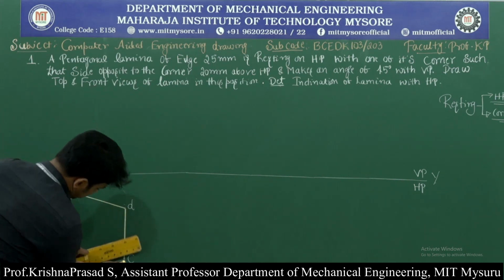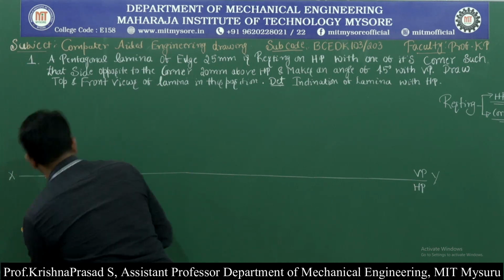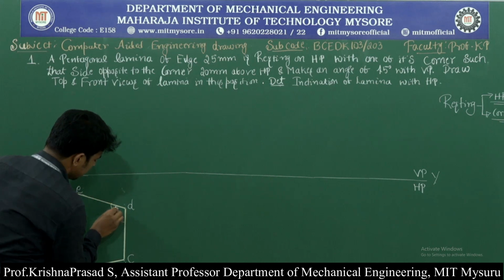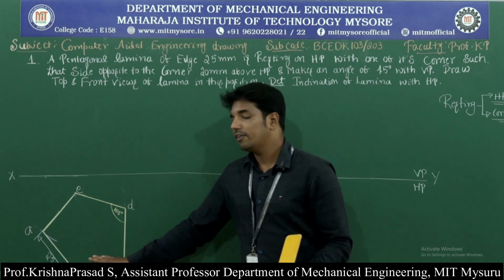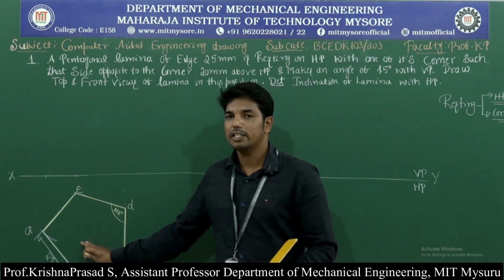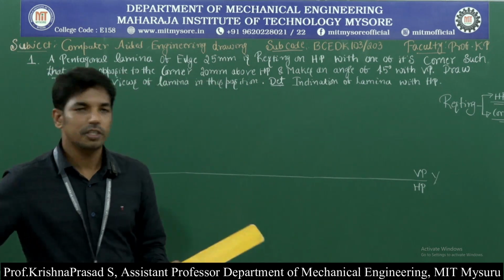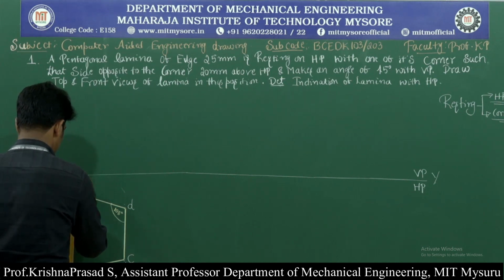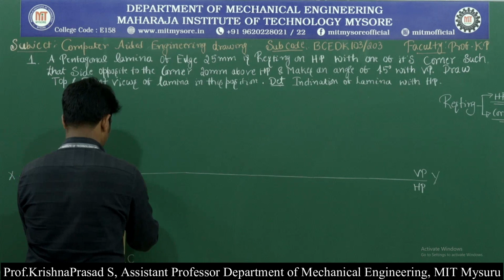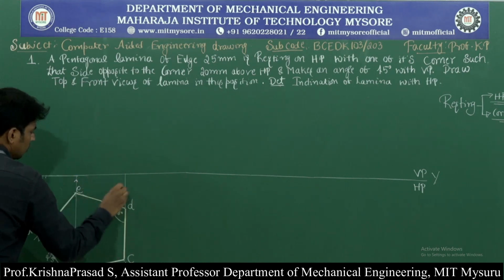This is the construction of the pentagon, and the included angle for the pentagon is 108 degrees. Now we have drawn the initial resting condition on HP in the top view. Next, we have to project the same onto the front view.